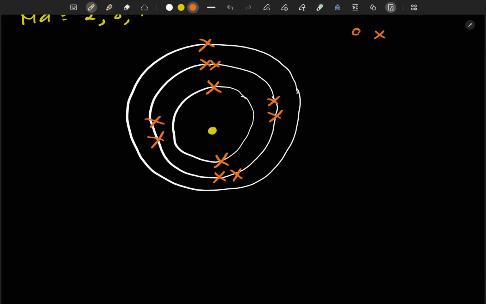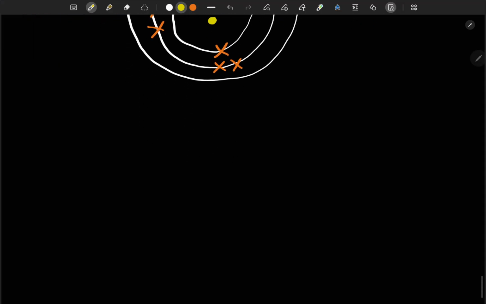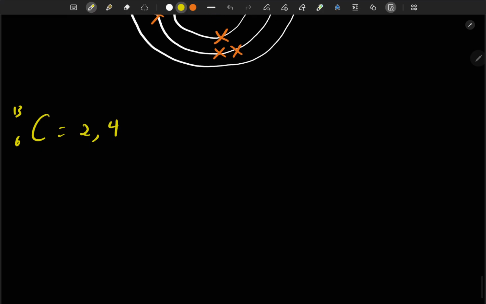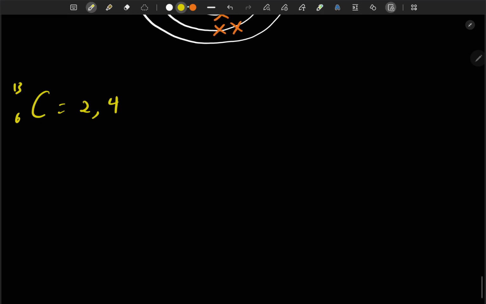So let's do the one for carbon. Remember, the electronic configuration we got for carbon was 2, 4. So we are accounting for just 2 shells. Make a dot to represent the nucleus.